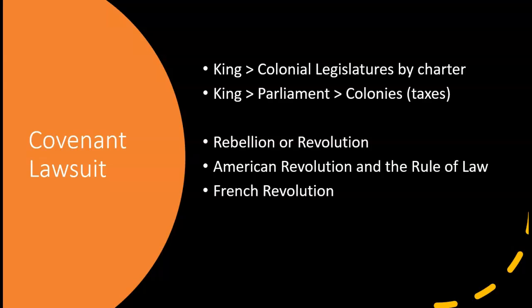But Parliament is passing laws, and they're not in the chain of command, right? They are the legislature for England, but they're not the legislature of Massachusetts or Virginia. And so that's the problem that is driving the colonies bonkers, is because the king is allowing somebody else into the chain of command where they don't fit.